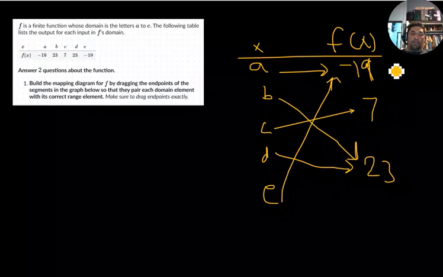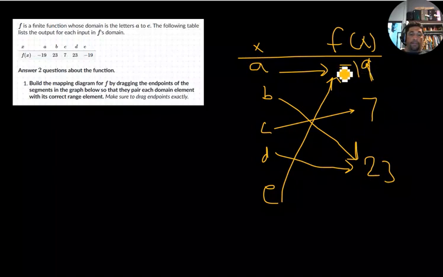One unique output. However, when you do the inverse, when you look from the right side and see if we inverse it, the output becomes the input and the input becomes the output. So once that happens, we want to check whether the inverse is still a function. So let's look at negative 19.